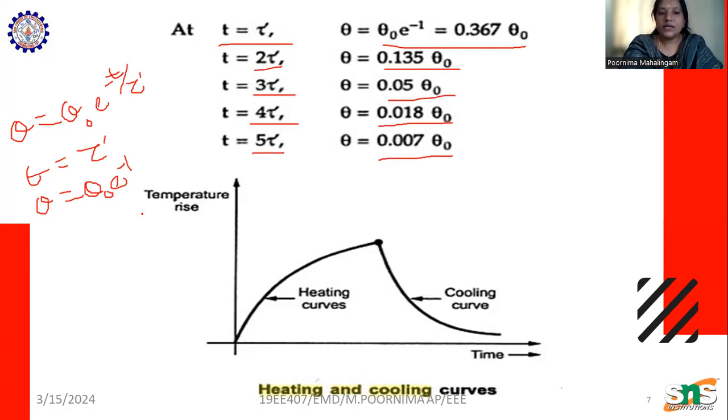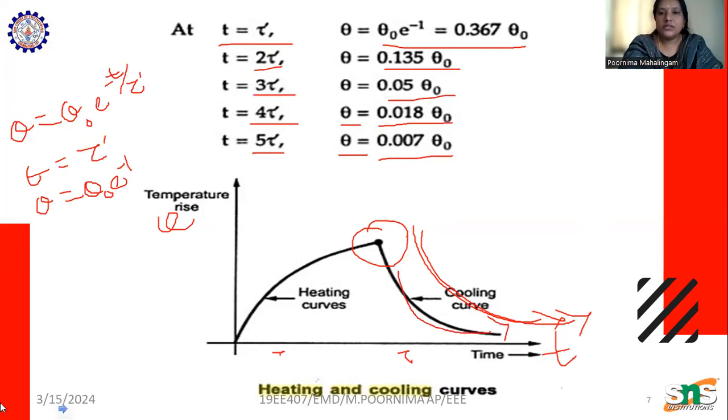In the graph between the temperature theta and the time t, the heating curve increases, while the cooling curve decreases towards zero. The cooling curve decreases because the temperature decreases as the time value increases. These are the characteristics of the heating and cooling curves.